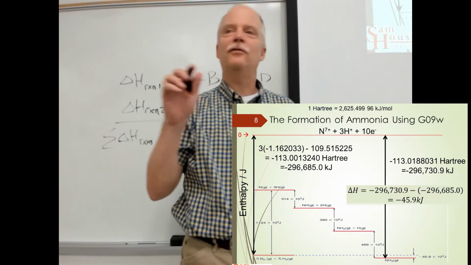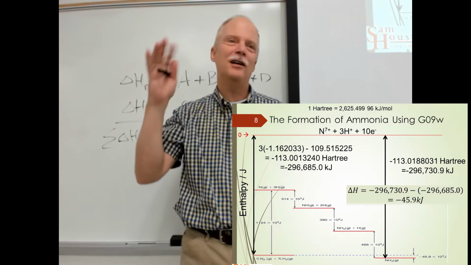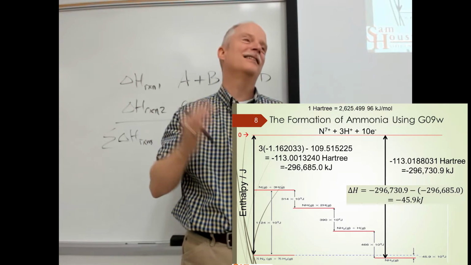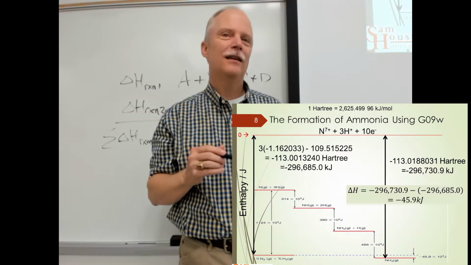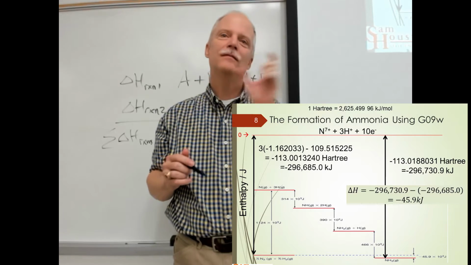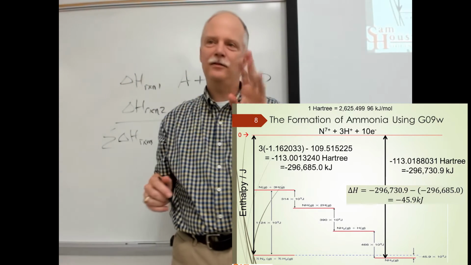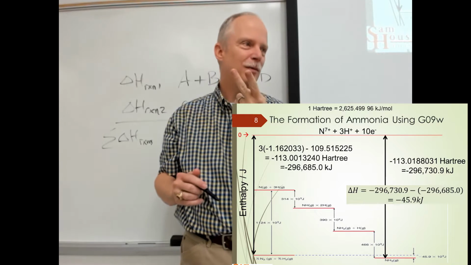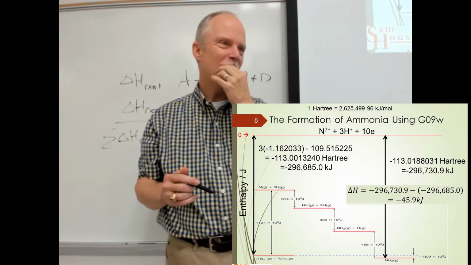So when you see those, if you just wrote minus 113 and then you do calculation on ammonia, minus 113, you're like, there's no difference. So yeah, the decimal places are really important. So I almost never type them in. I always copy them. So I find them in the log file and I copy and paste. Because if you're typing, you're going to swap 2 numbers, and that could be huge.